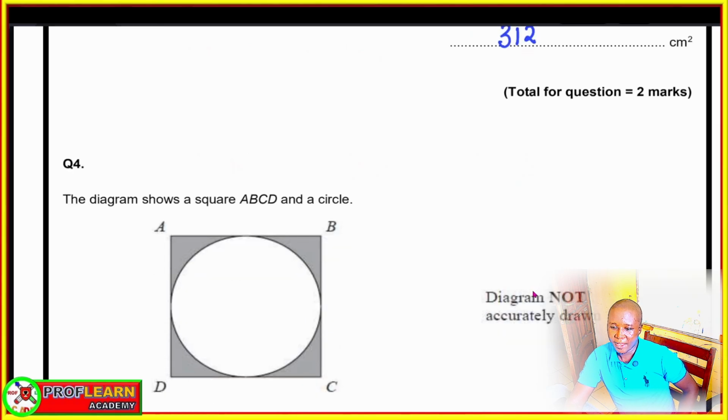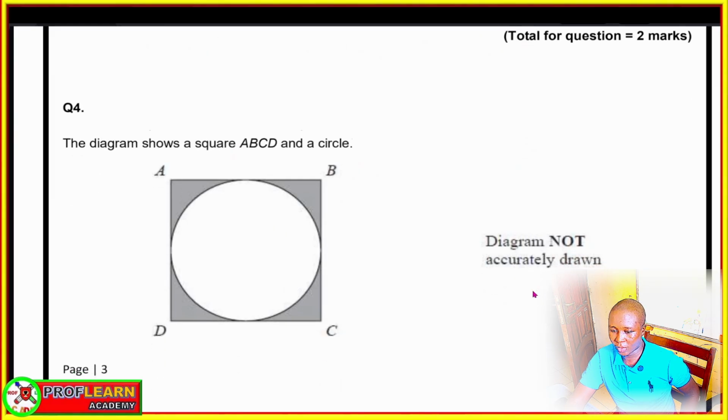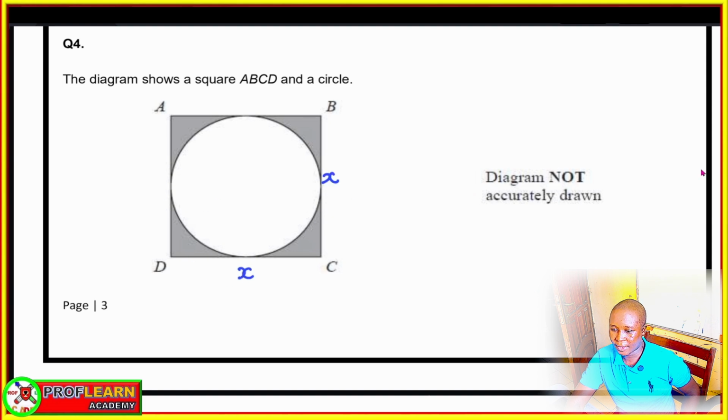Another year, students were asked to work out a question that looks like this, and the area of the shaded part was given as 80 centimeters squared. For you to work this out, you first say let the side of the square be x, so that the diameter is also x, which implies that the radius of the circle is x over 2.